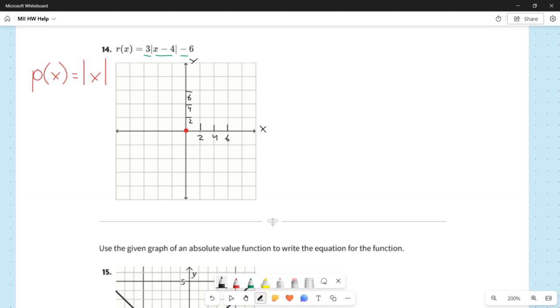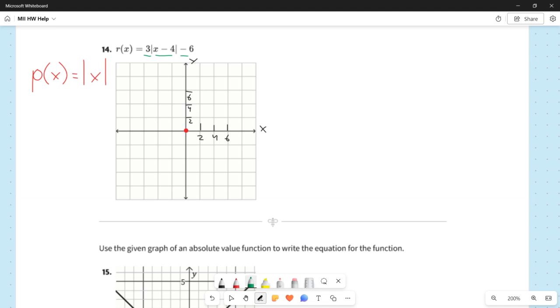So starting at the origin, which is where the vertex is for the parent function, we have a horizontal shift to the right 4 units. I'm not going to draw it on the graph, but it brings me to (4, 0). And then we do have a stretch of the 3. But it turns out that that does not impact the vertex at all.